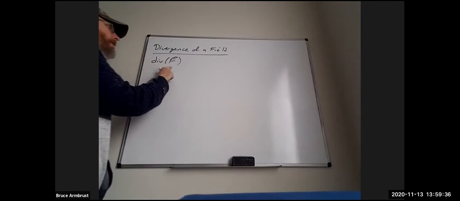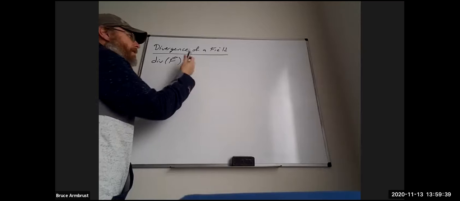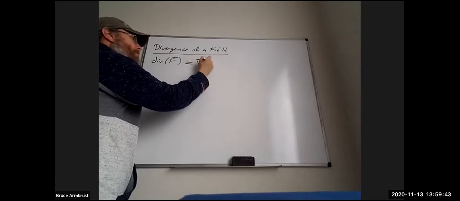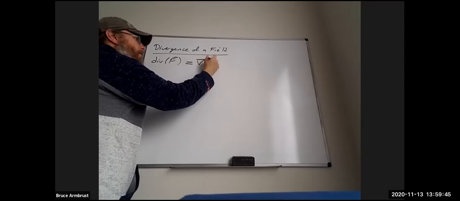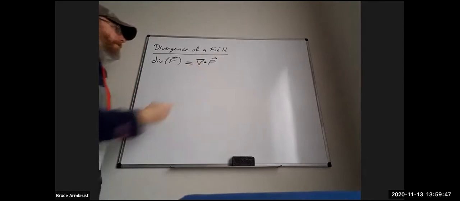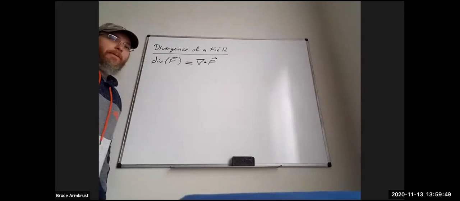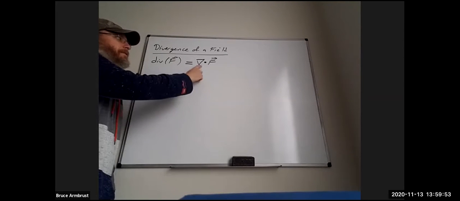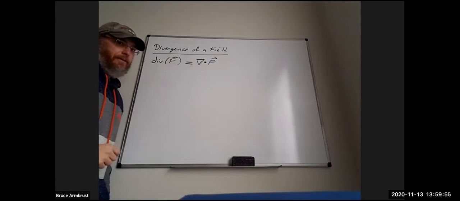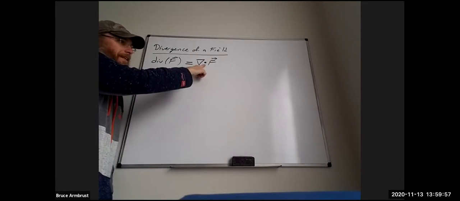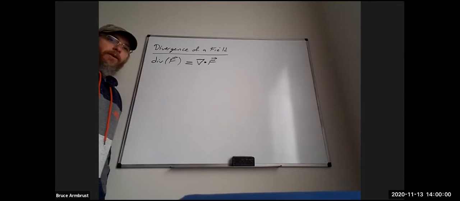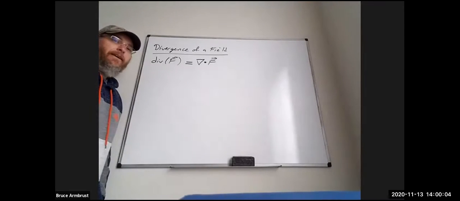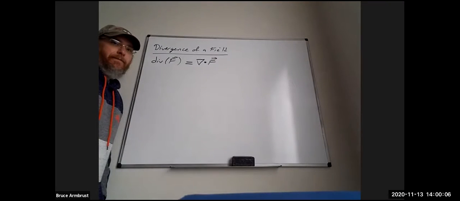So divergence, you'll sometimes see it written like this. You'll also sometimes see it written as this guy, del. I don't know if you remember del from the gradient. This isn't saying gradient of f. I tried to make it very clear that there's a dot there. So this would be del dot f.